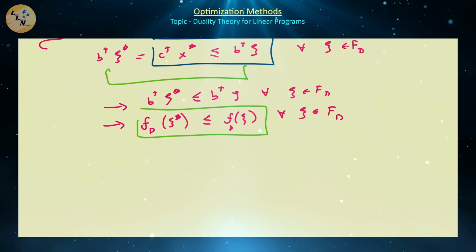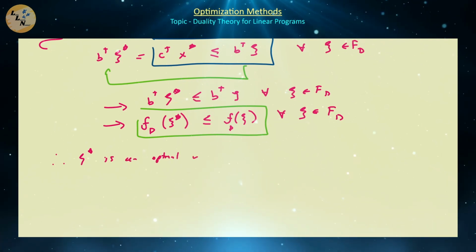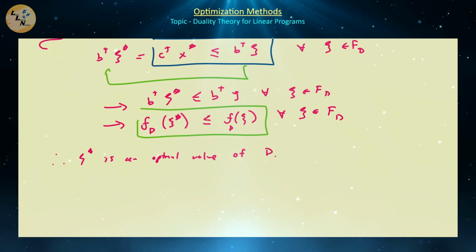So if that is the case, and psi star, provided that it does exist, is in the feasible region FD, what is so true about psi star? That means psi star is an optimal value of the dual problem D, which gives us both directions of what we are trying to prove.